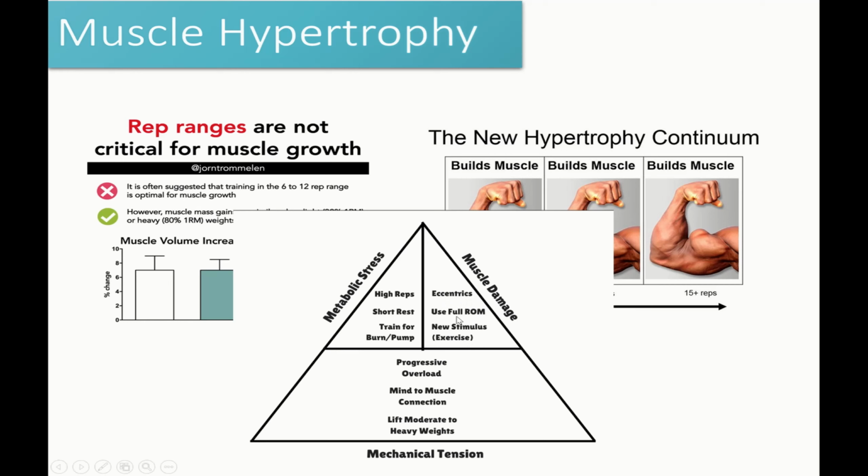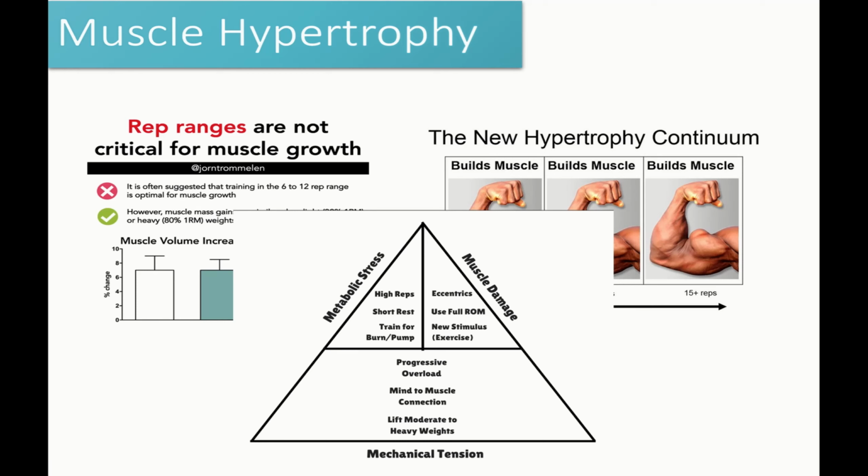We can also use full range of motion on the exercises, so the muscle is trained to its full length, creating more damage across all of those fibers. And of course, if you've ever tried a new exercise or a new stimulus, you'll potentially get some sore muscles the next day. So new stimulus and varied training, like we've just mentioned, is also a contributor to muscle hypertrophy.